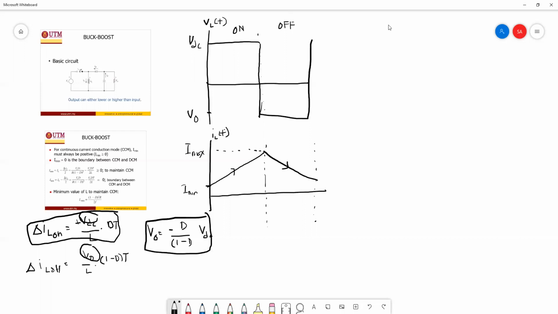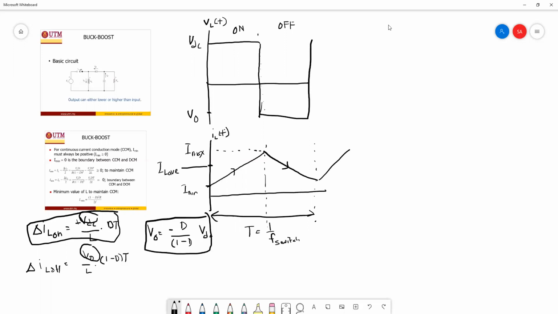Since this is repeated, this is one period, which is equal to the switching frequency. Meaning that we have an average value here, which is your IL average.